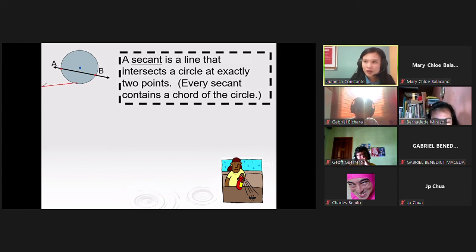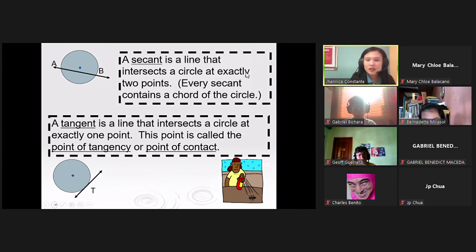That is the difference between the tangent and a secant line. The tangent touches only one point on the circle, while the secant intersects 2 points. Secant and tangent will help us identify the measurement of angles in the circle.